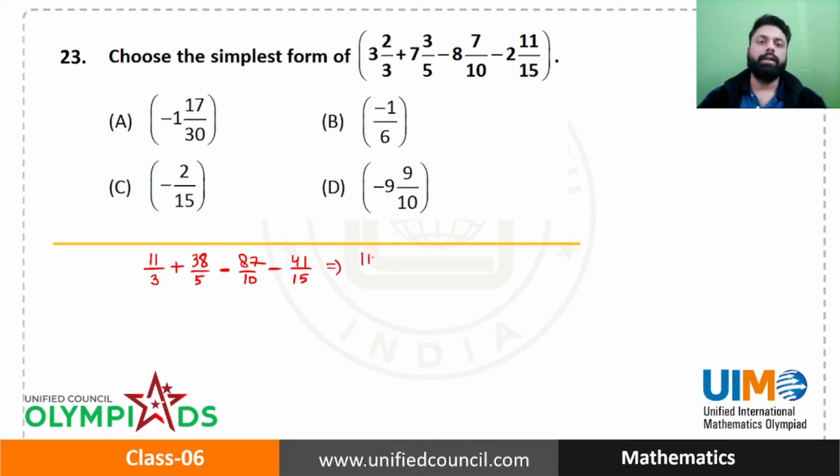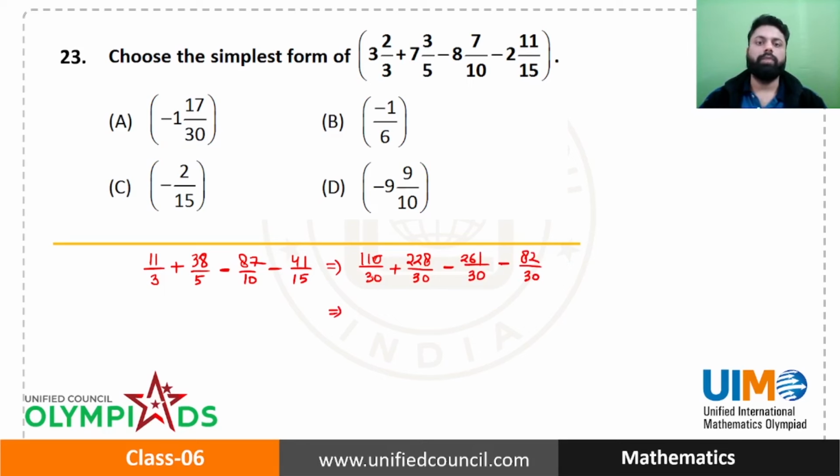So 110 upon 30 plus 38 into 6, 228 upon 30, minus 87 into 3, 261 upon 30, minus 82 upon 30.